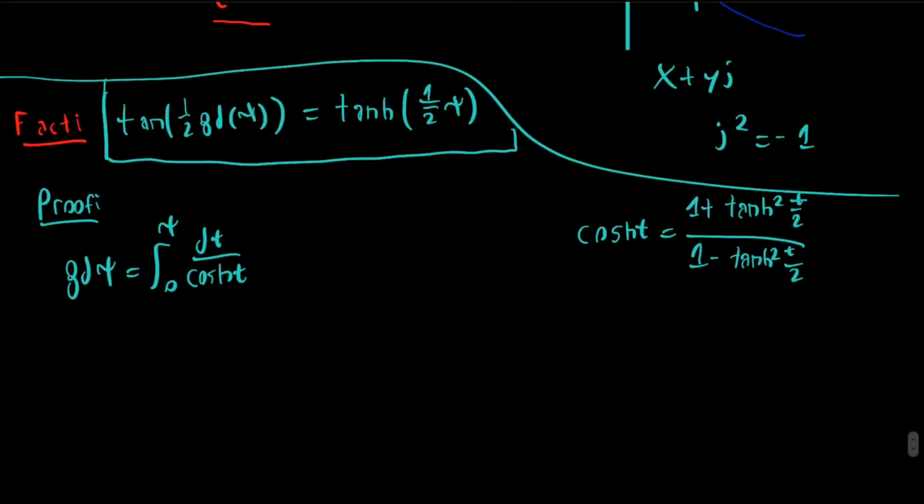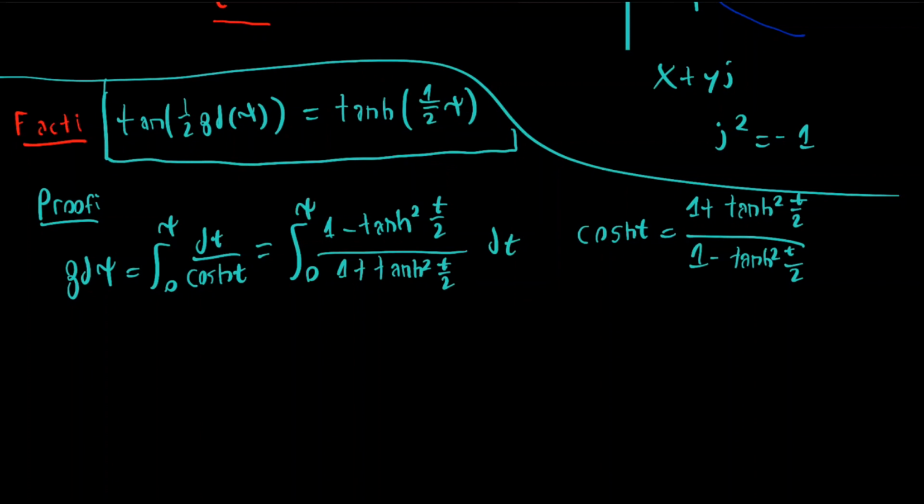Using this, we first write all of this as the integral from 0 to psi of the reciprocal, which is 1 minus the hyperbolic tangent squared of t over 2, over 1 plus the hyperbolic tangent squared of t over 2, dt.